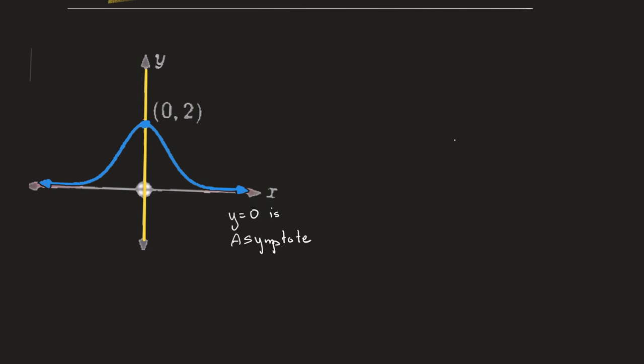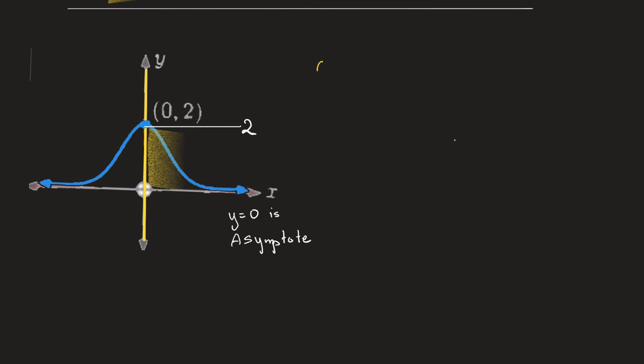And so our values of y will not go below the line y is equal to 0. And our values of y also stop at this point over here, which is 2. And so the range will be between 0 and 2, but not touching 0.